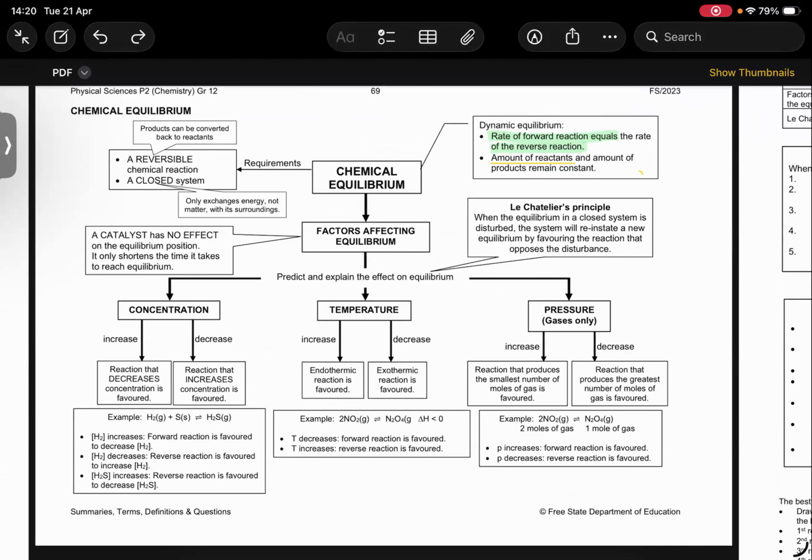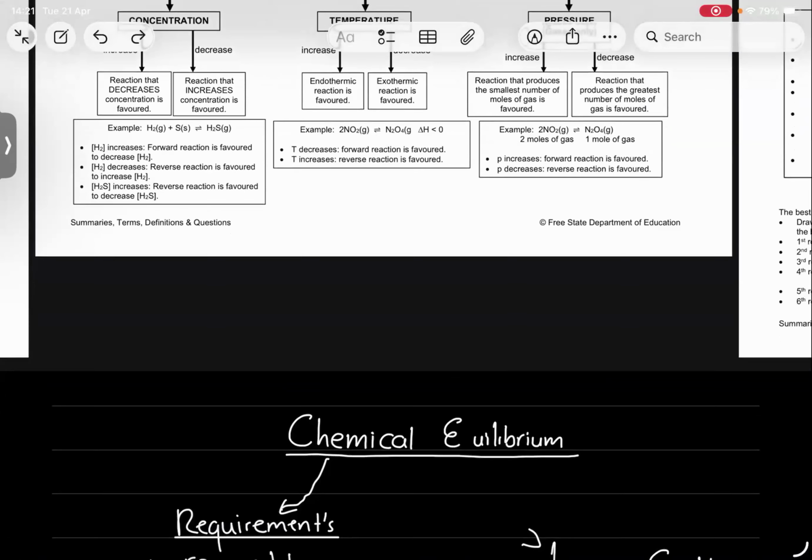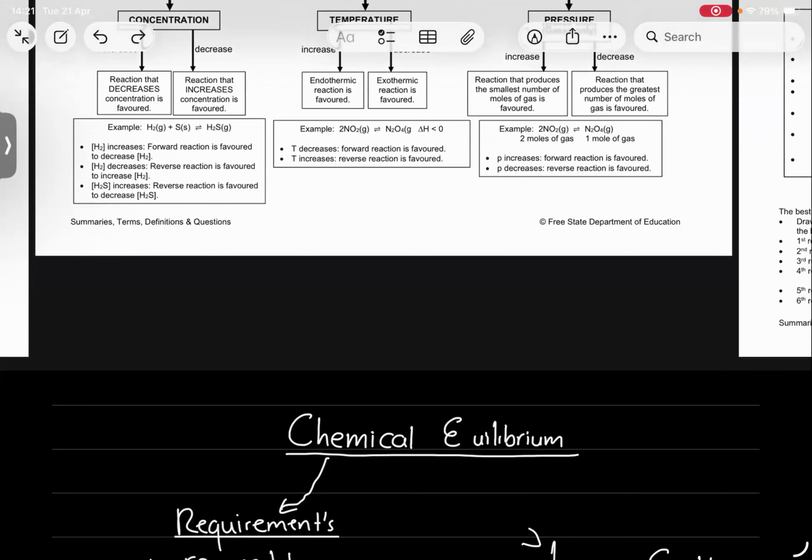So we have to know, guys, which reaction is favored. The aim of chemical equilibrium is to produce products, and to know, whenever you are implementing a factor, maybe concentration, which reaction is going to be favored, whether it's the forward reaction or the reverse reaction.